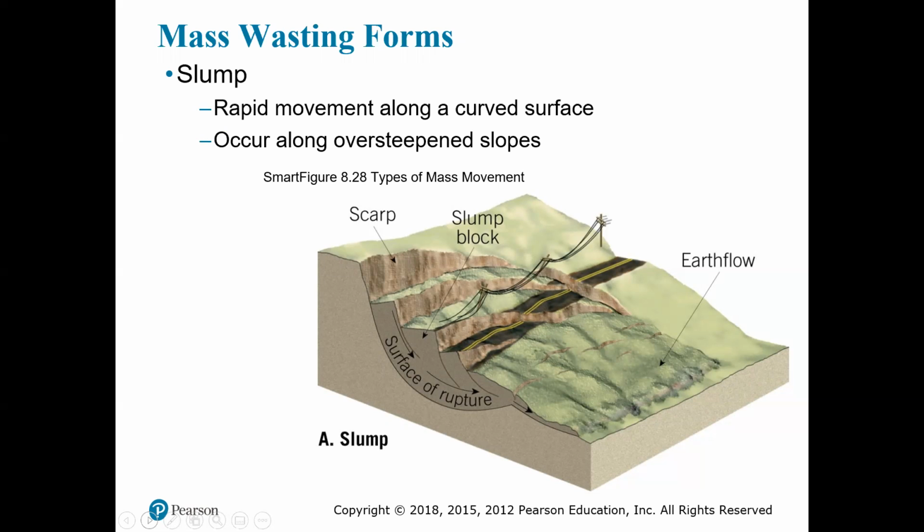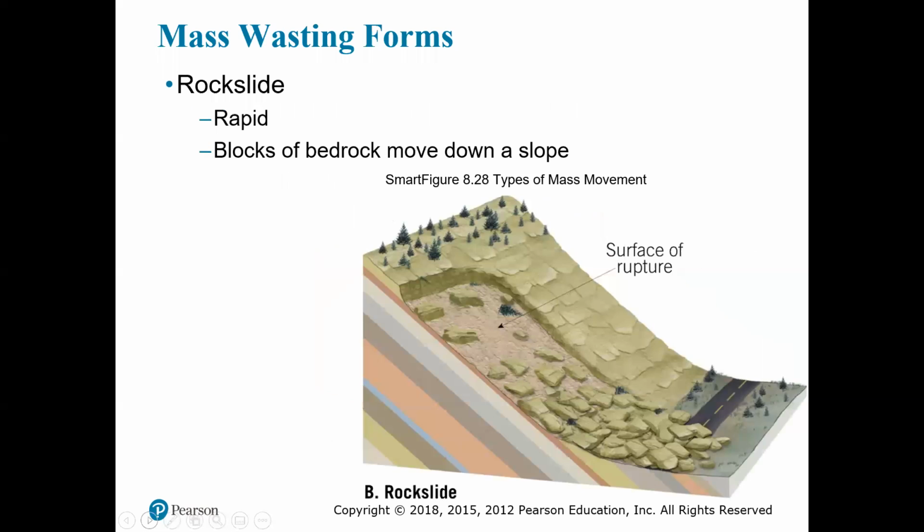So we have slump, which is rapid movement along a curved surface. We typically see this on over-steepened slopes. So again, they've gone over their angle of repose, and the soil and debris cannot stay on that angle.